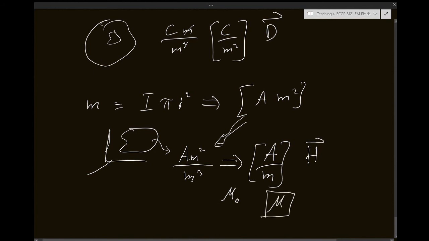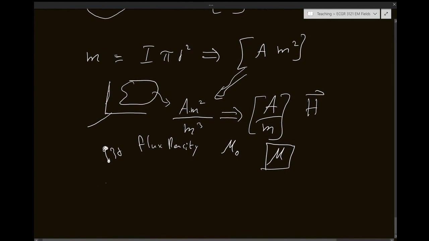Right? So we will use a very similar argument, and it's curious that when you look at dipoles that are charges with a distance between them, you get something akin to a flux density. The units match the flux density, but if you model the dipole as a loop, you get something that has the same units as a field intensity.